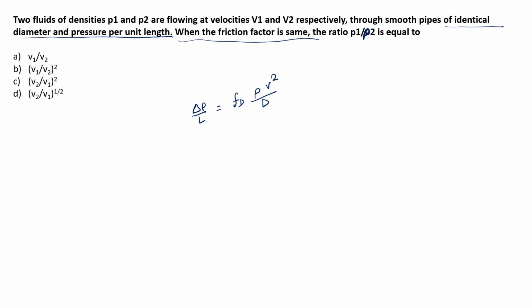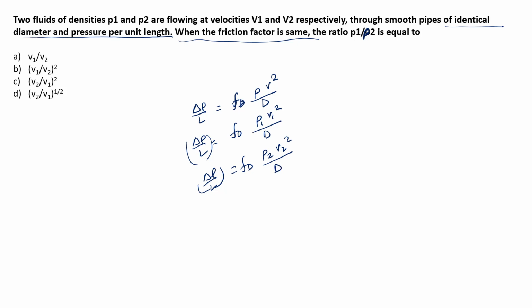This Fd is some kind of constant term, right? So for the first pipe, we write Fd rho 1 v1 square by d, since d1 and d2 are equal, and Fd and delta P by L are also the same. For the second case, it will be Fd rho 2 v2 square by d.